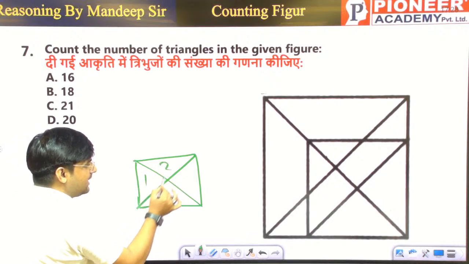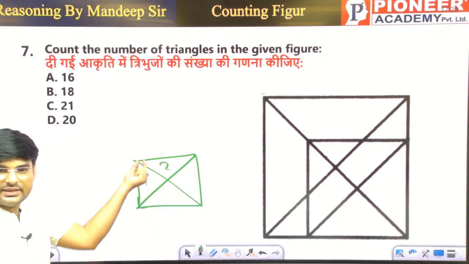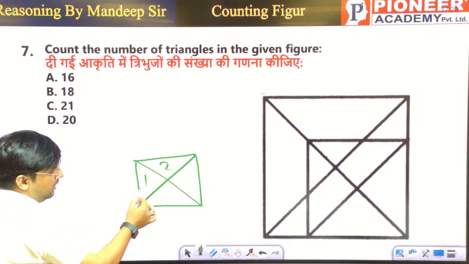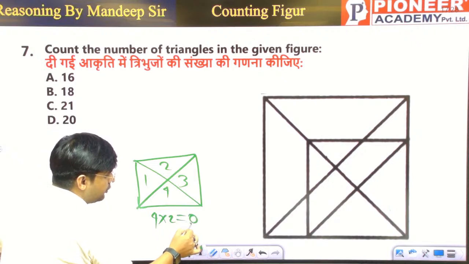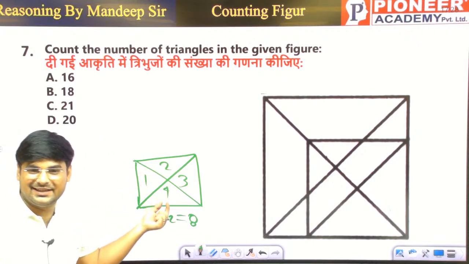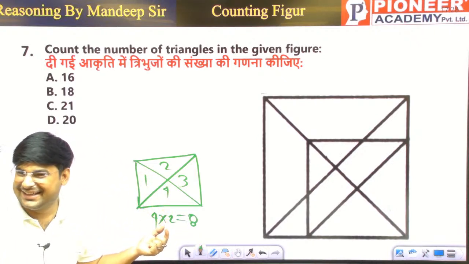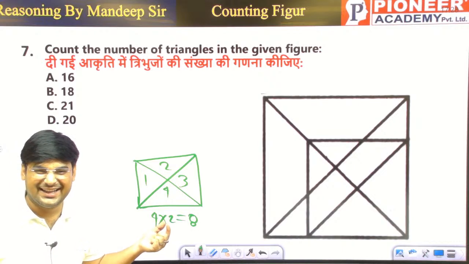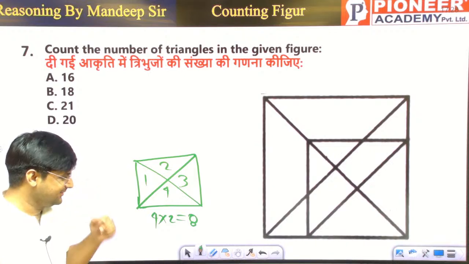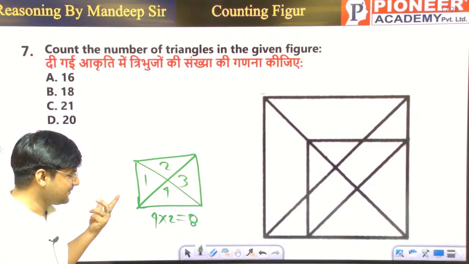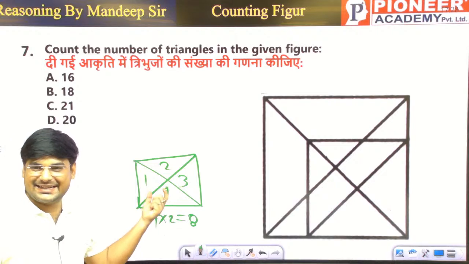I have explained that we have to count all the small triangles, 3, 4, and we have to multiply 4 into 2, 8. There are 8 triangles.